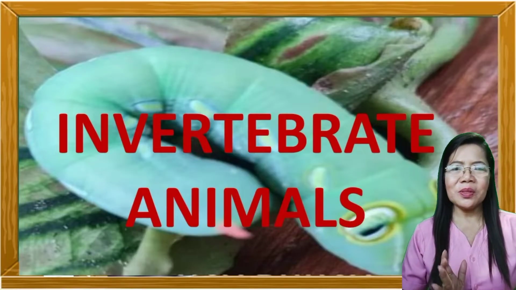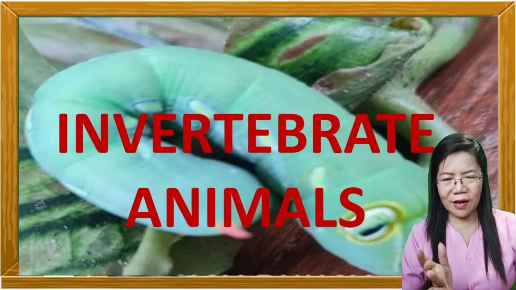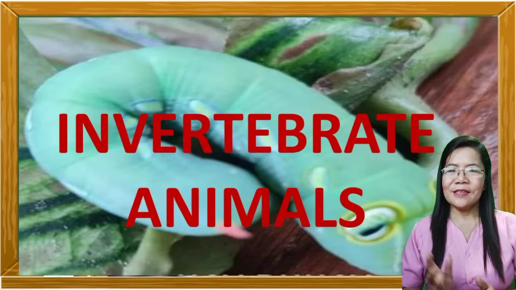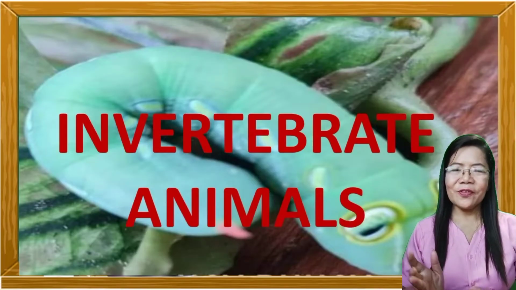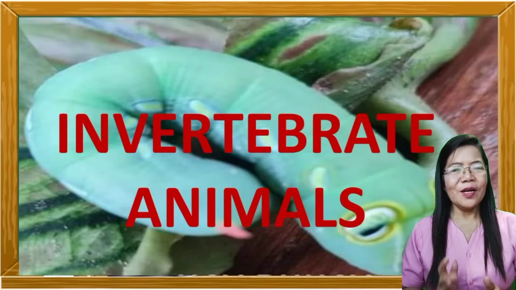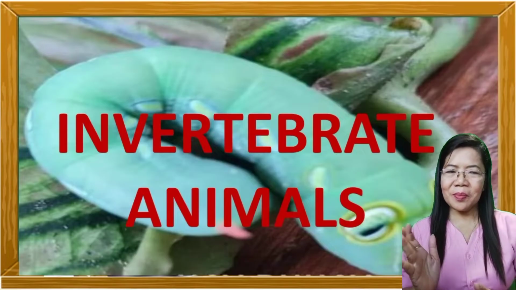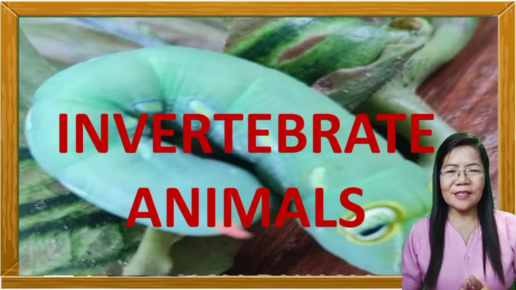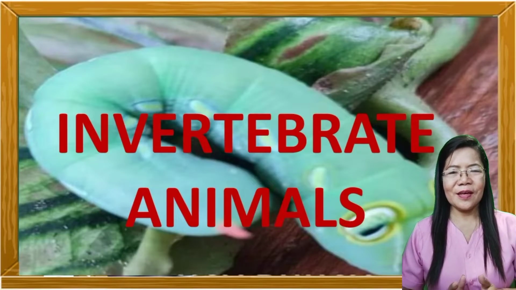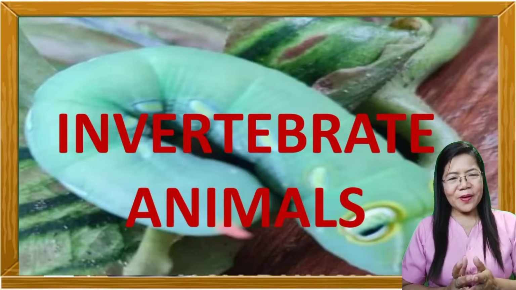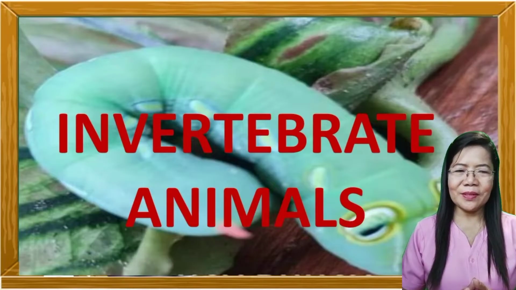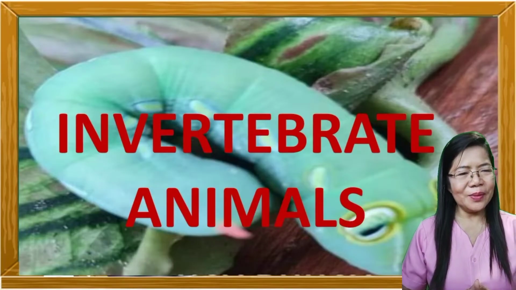The specific groups of invertebrates are the sponges, cnidarians, flatworms, roundworms, segmented worms, mollusks, echinoderms, and arthropods. Invertebrates are animals without backbones or vertebral column.